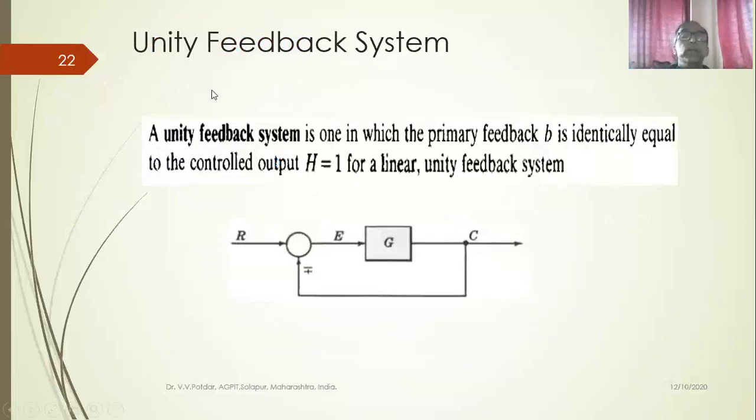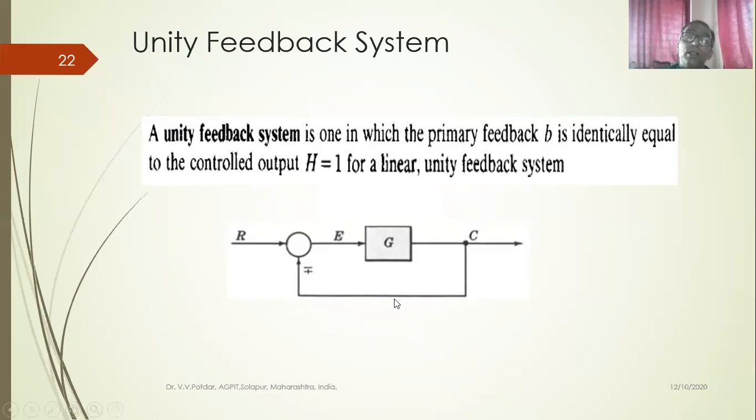One more definition, unity feedback system. What you can see, I have a regular block diagram, only the feedback block is missing, H is not there. So when there is no block, no transfer function H in the feedback loop, this is the forward path, this is the reference input, and this is the control signal or output, and this is the feedback path. When there is no block of H, we say that H has a value of 1.